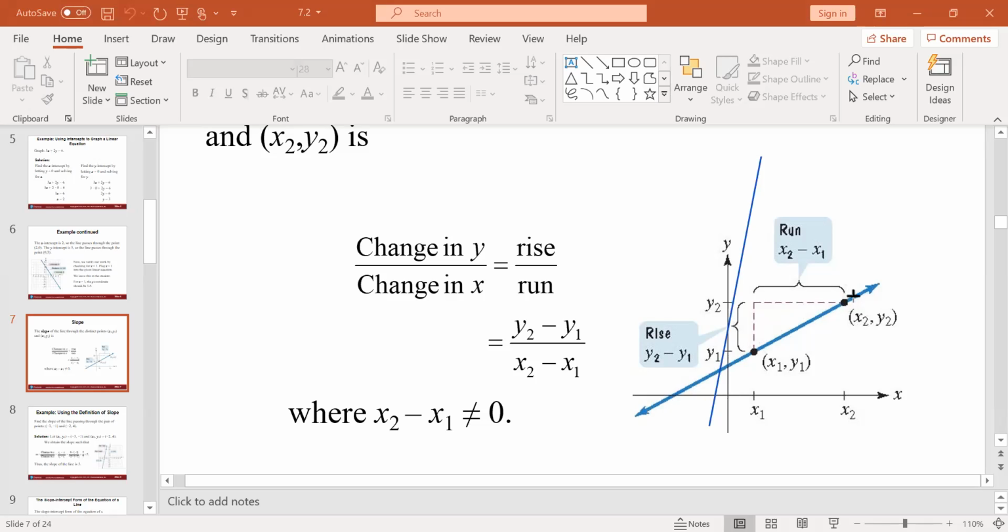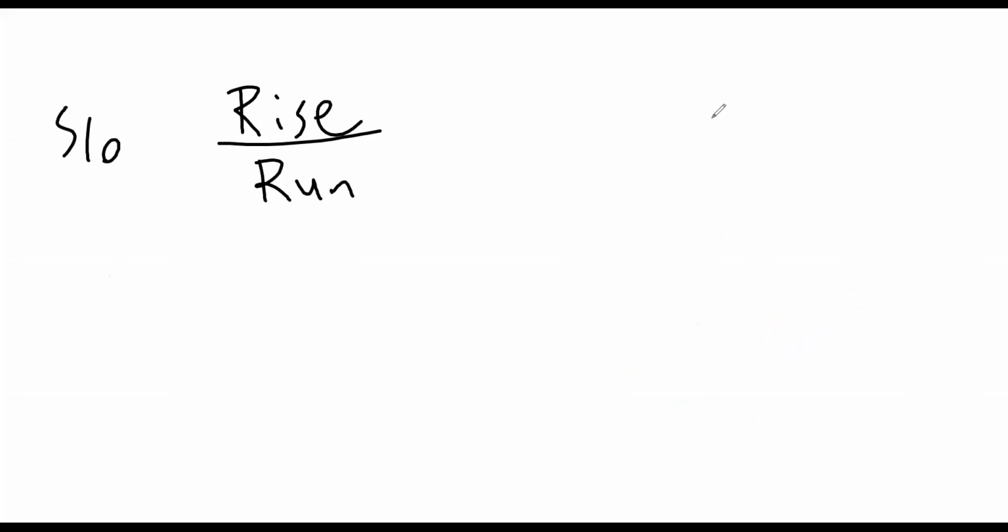If the slope here was like 2, the slope here would be like 5. So rise over run, that's the common interpretation of slope. There's a couple ways even to interpret that. Let's look at a couple different slopes.